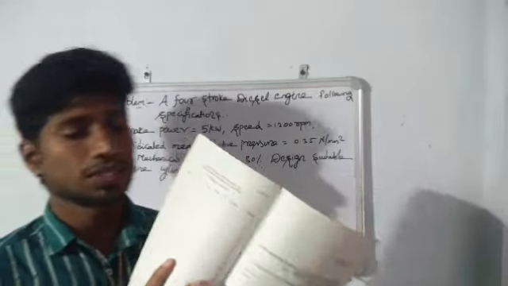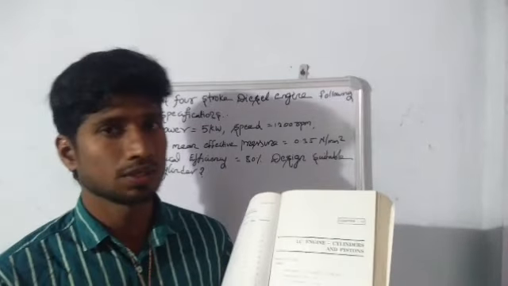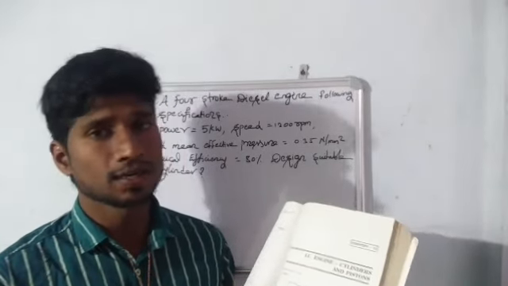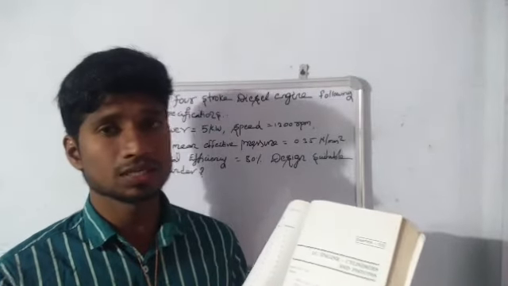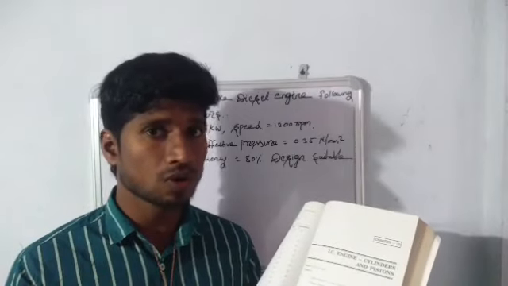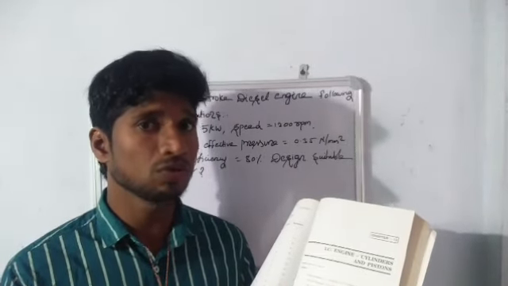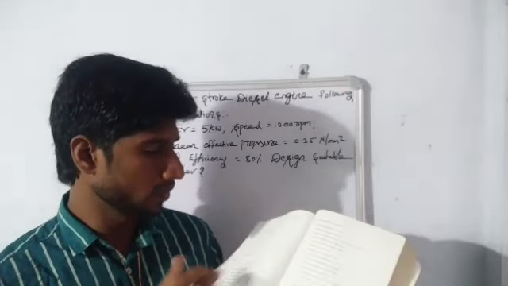So if you see here, this is the 13th chapter, IC engine cylinders and pistons. The first few pages consist of symbolic terms. That means the terms involved in the design of that particular concept. So these are the terminology.